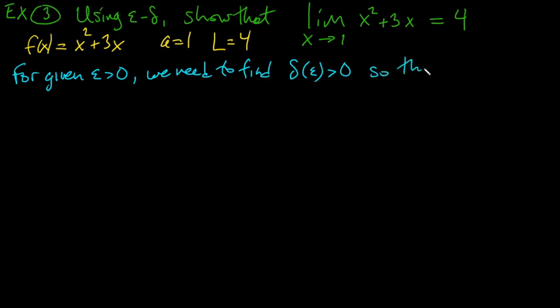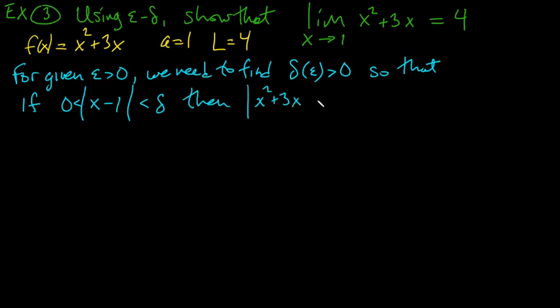so that as long as the absolute value of x minus a, so x minus 1, is less than delta, then that's going to guarantee that the absolute value of f of x, x squared plus 3x, minus L, which is 4, will be less than epsilon.